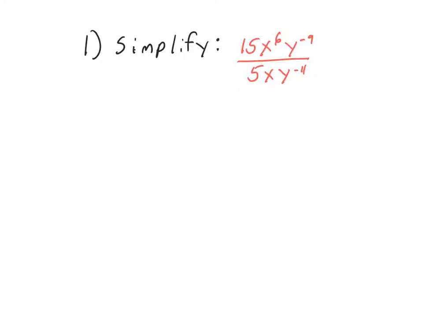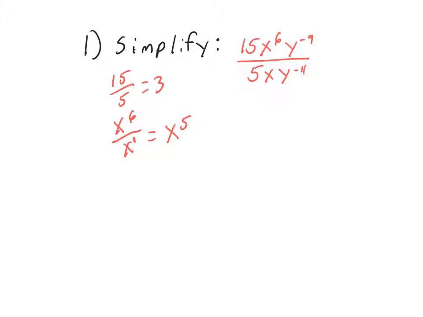Alright, so we're going to split this up into pieces. We'll start with 15 over 5, which is 3. Then we'll do x to the 6th over x, which is equal to x to the 6 minus 1, because this is like x to the 1st, and that's equal to x to the 5th.